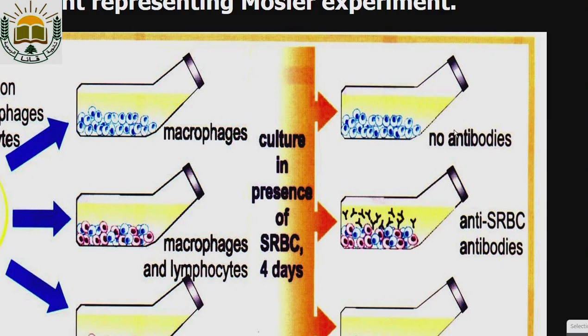So how, mister? Look: if you have this container and you put inside it macrophages and SRBC and you did not obtain antibodies, what can you understand from this result? What can you understand from this experiment? Mister, I can understand that simply macrophages along with SRBC are not able to produce antibodies.